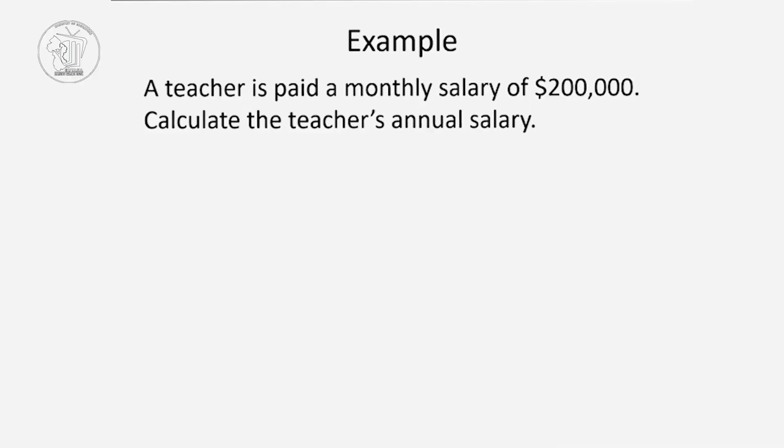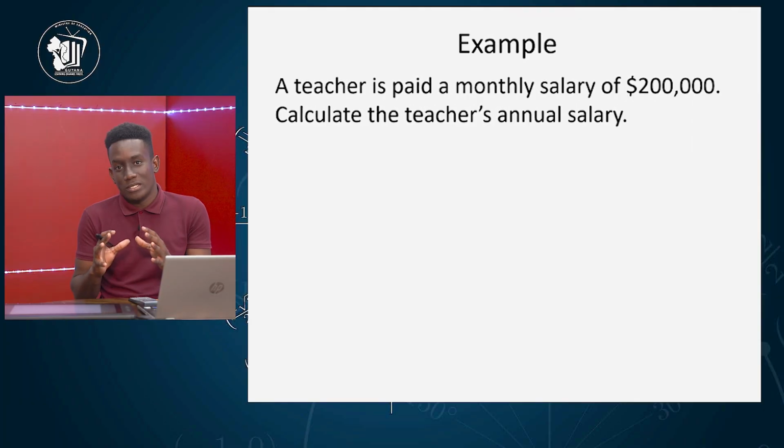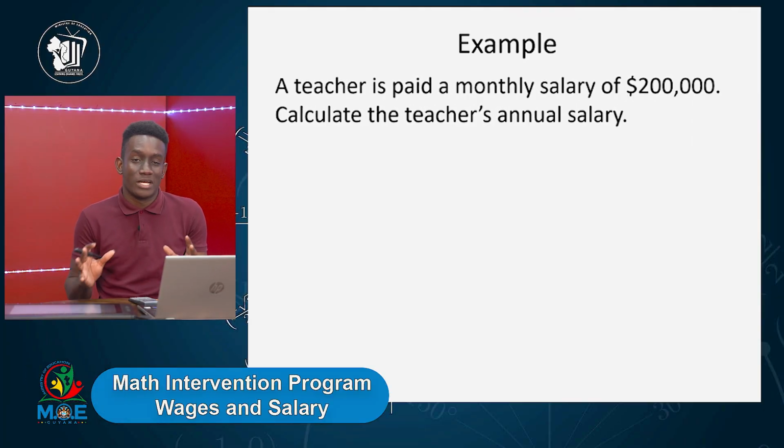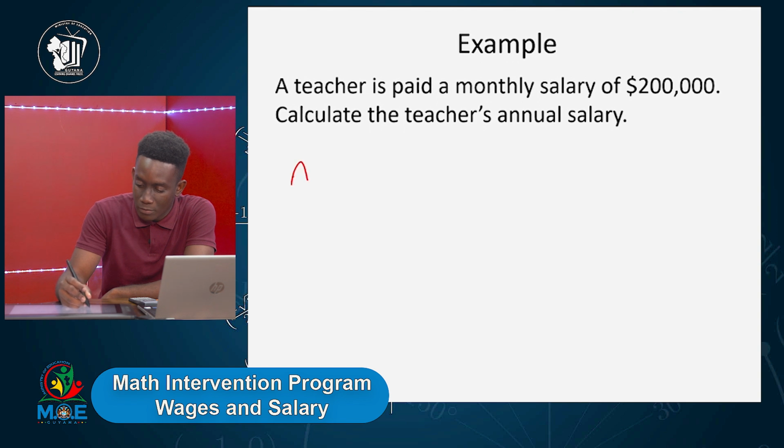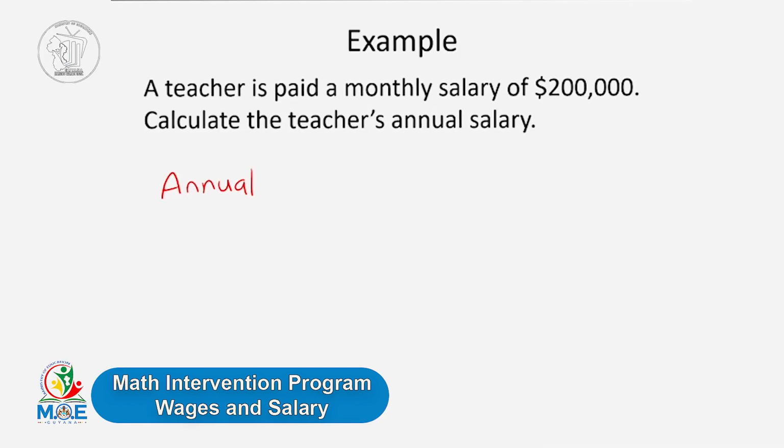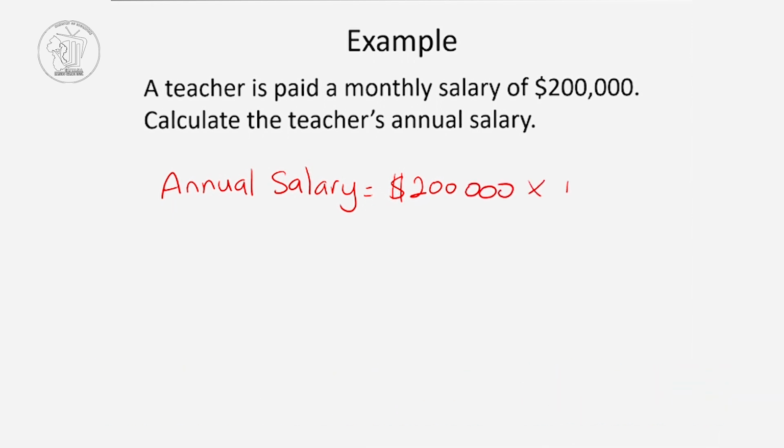Let's look at another example. This example says, a teacher is paid a monthly salary of $200,000. Calculate the teacher's annual salary. So we know annual salary would be his or her total salary at the end of the year. So the annual salary would be the $200,000 that they get per month multiplied by the number of months in the year, which would be 12.